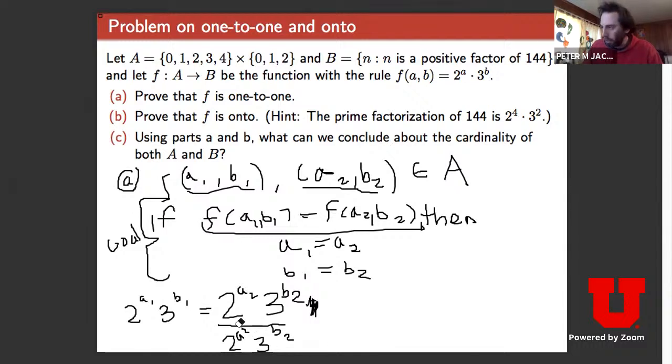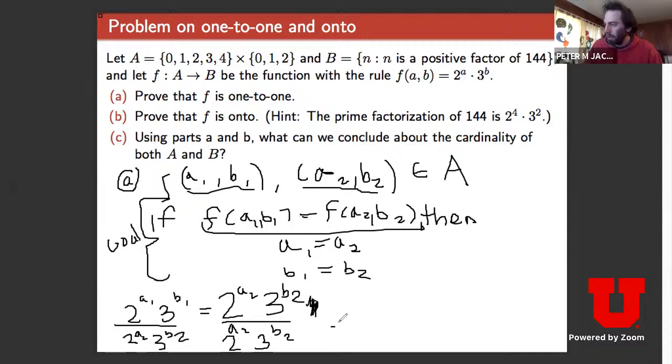Let me erase that. Sorry. That's a2, and then this is 3 to the b2. Okay, so when we divide, we have to do it on both sides. And so doing it on both sides, okay.